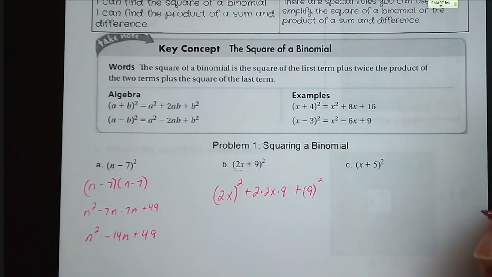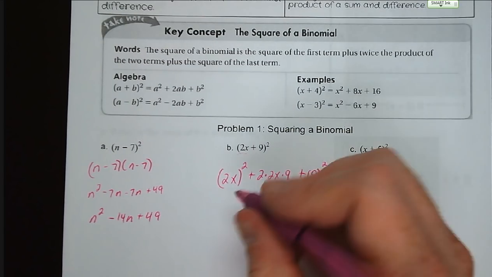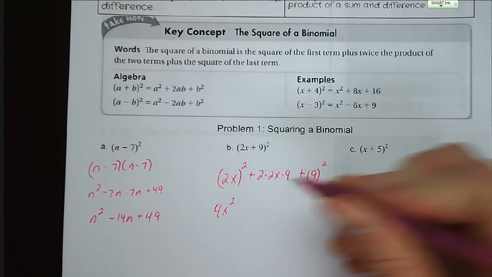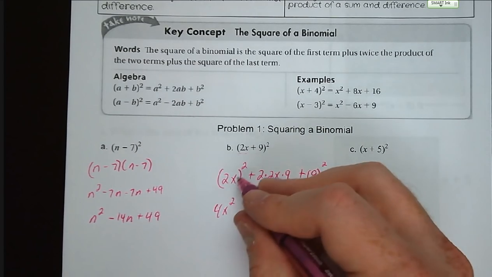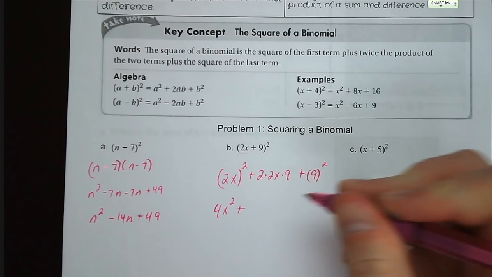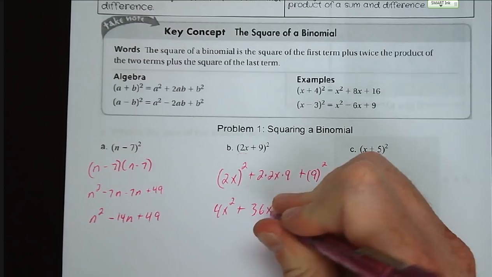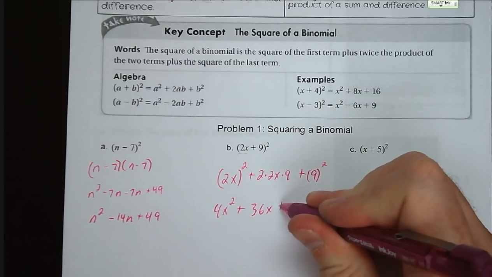Okay? So now we just need to simplify it. 2x, the quantity squared, is 4x squared, plus 2 times 9 is 36x, plus 81.